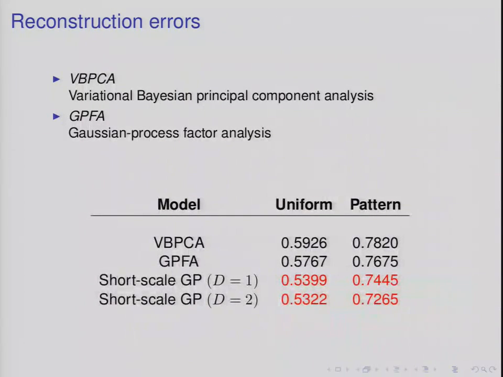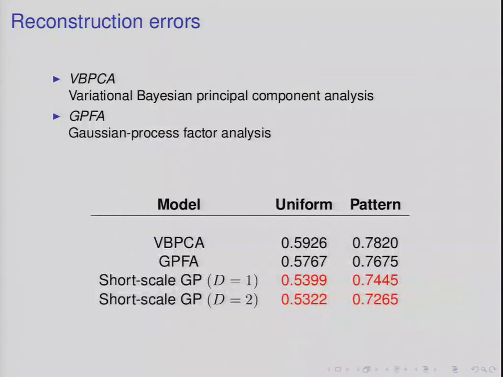So for the uniform case, we had two short-scale Gaussian processes. The first one used only one covariance function, like one length scale. The other one was a sum of two covariance functions, modeling two different length scales.